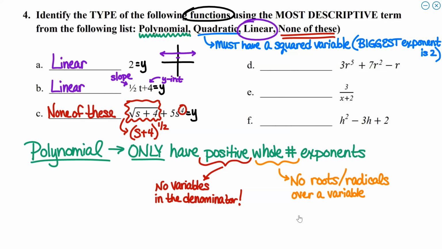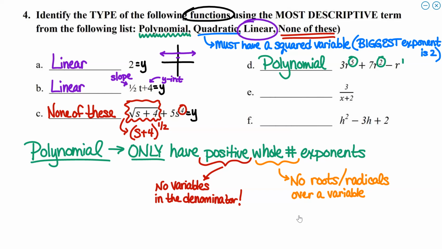All right. What about D? This is a polynomial. All of these variables, when I look at them, have positive whole number exponents on them.